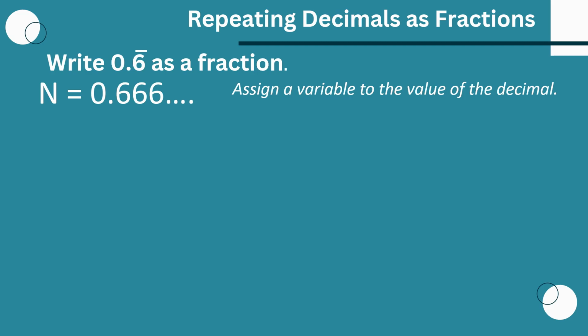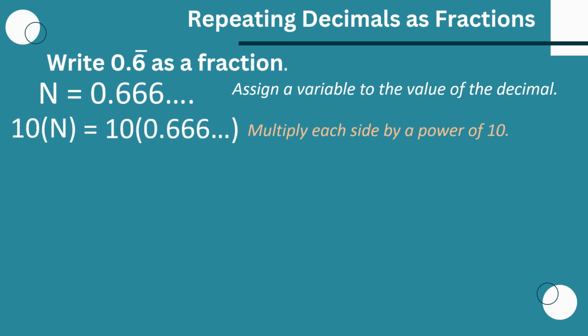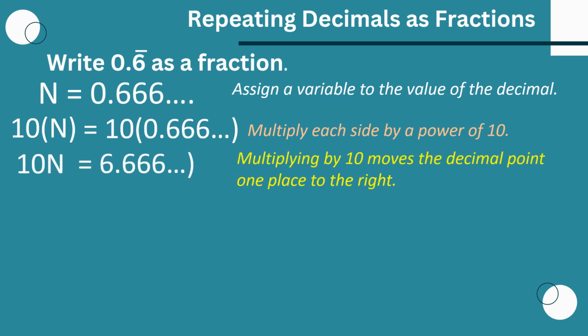In this example, we use n as our variable. Next, multiply each side by a power of 10. Multiplying by 10 moves the decimal point one place to the right. So we have 10 times n is equal to 10n. 10 times 0.666 and so on is equal to 6.666 and so on.